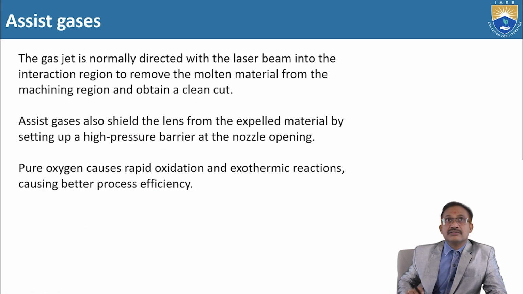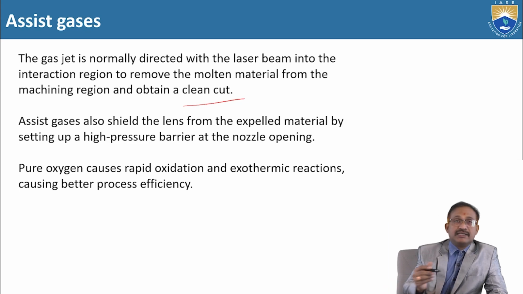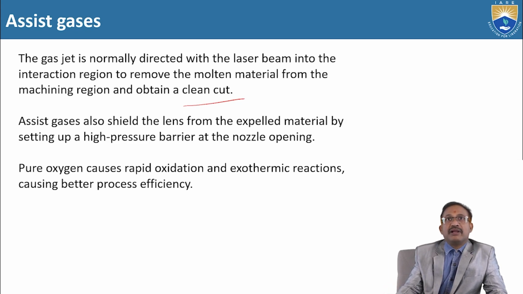Now let us discuss assist gases. The gas jet is normally directed with the laser beam into the interaction region to remove the molten material from the machining region and obtain a clean cut.